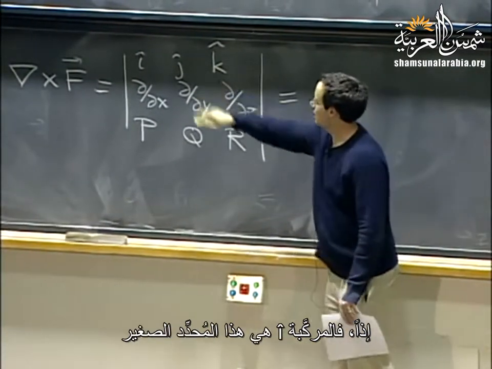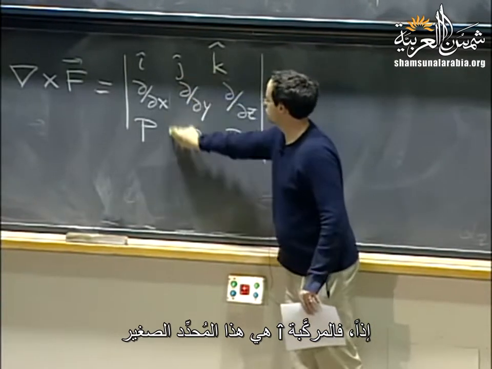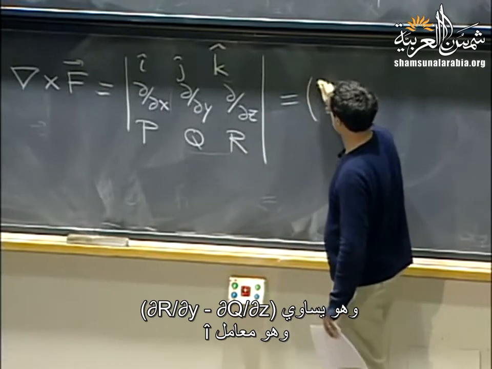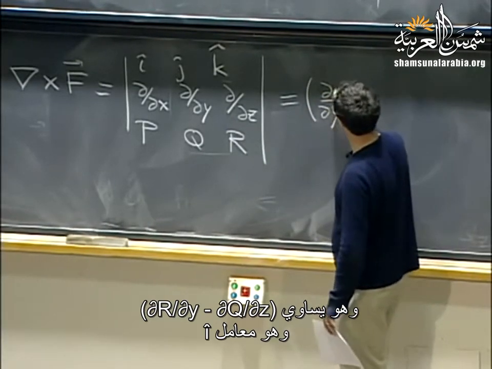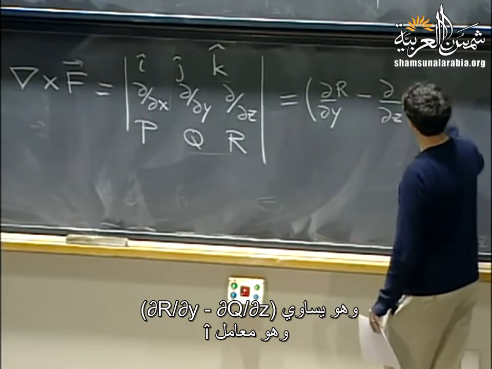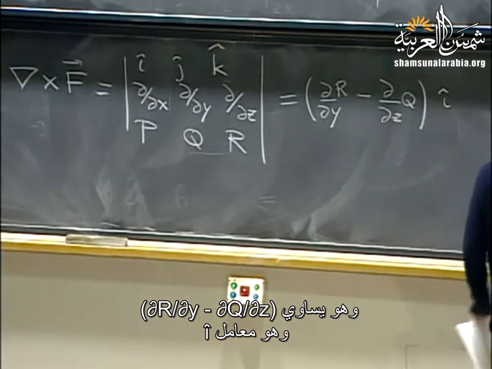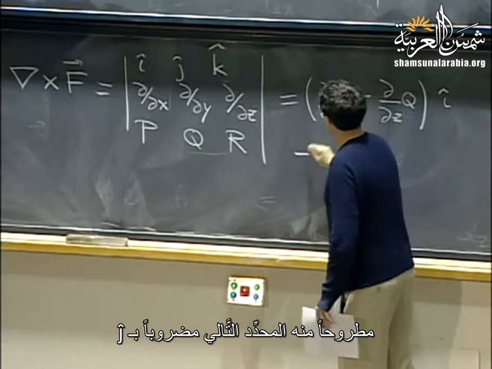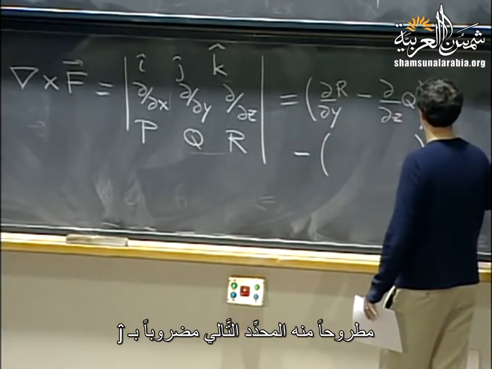So the component of i in this cross product, remember that's this smaller determinant. So that smaller determinant is partial over partial y of R minus partial z of Q. That's the coefficient of i. And that seems to be what I had over there. If not, then I made a mistake. Minus the next determinant times j.